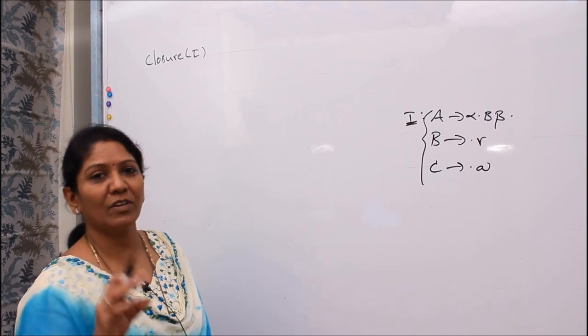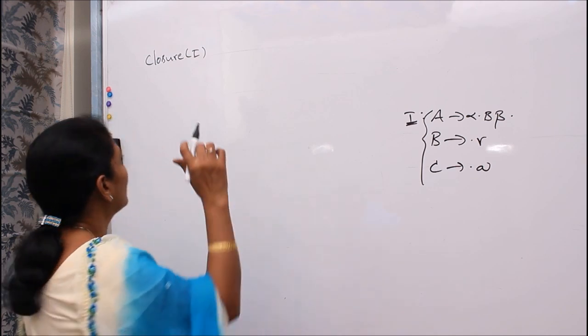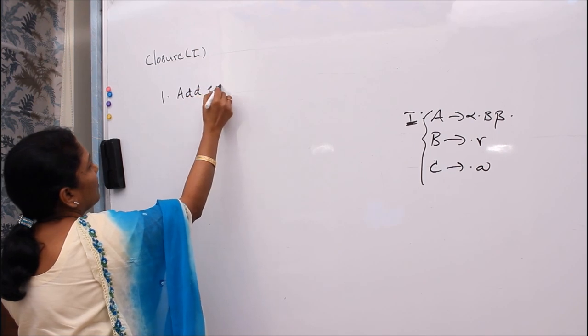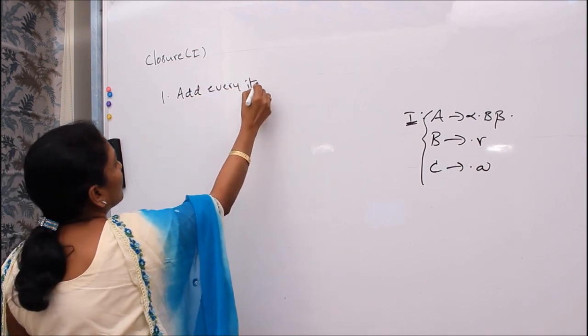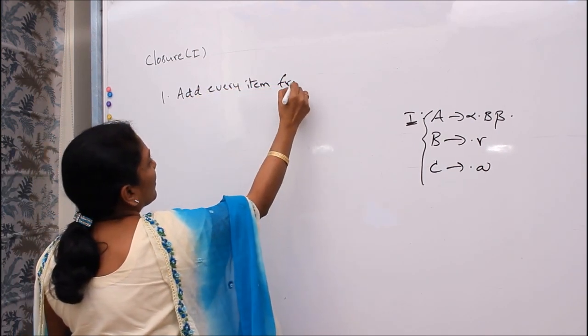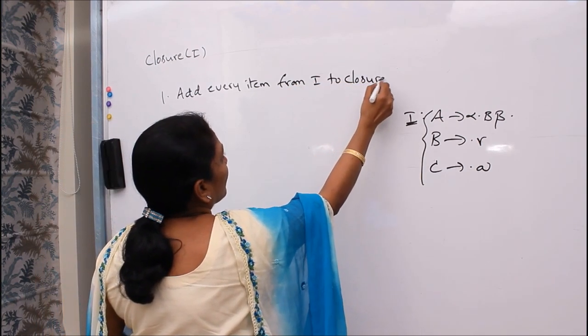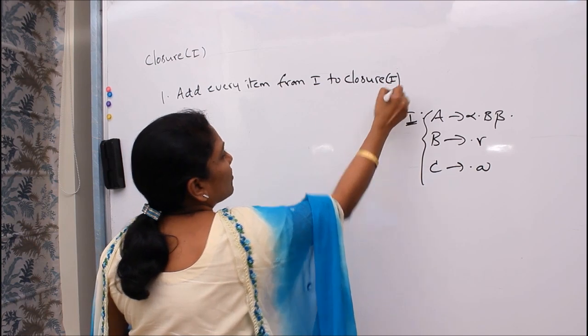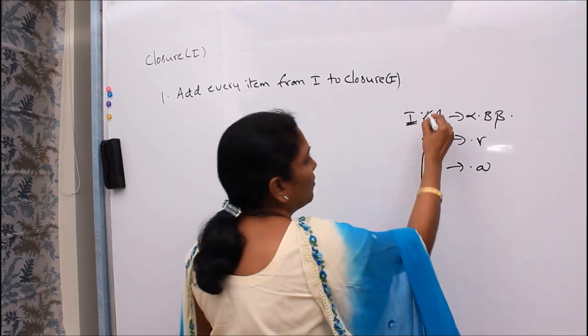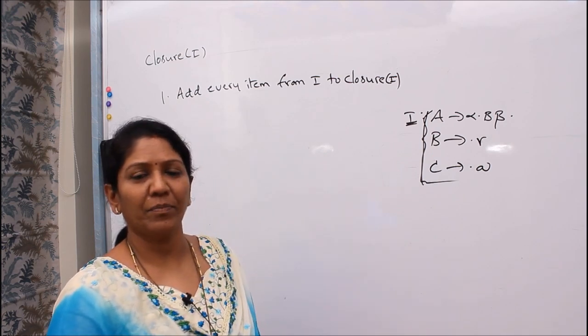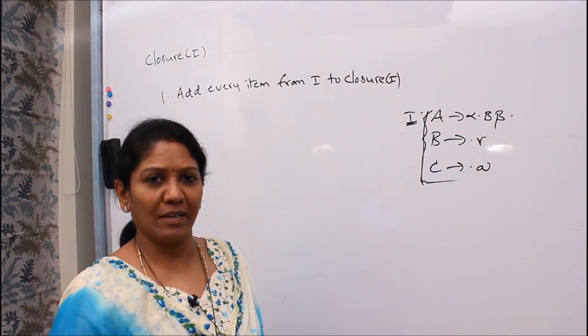We evaluate this function by using two rules. The first rule is very simple: add every item from I to closure(I). The first rule is simply, whatever you have in the input, add each of that to the output. With this you get some initial items.